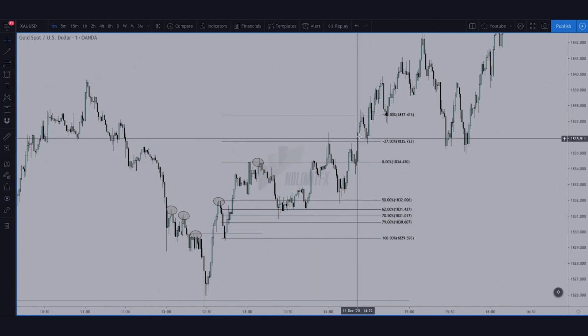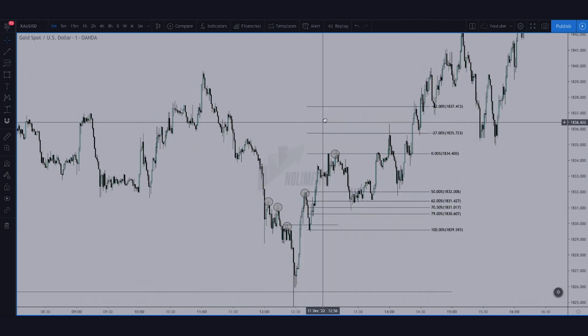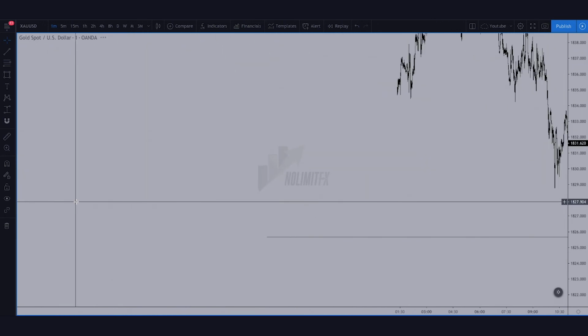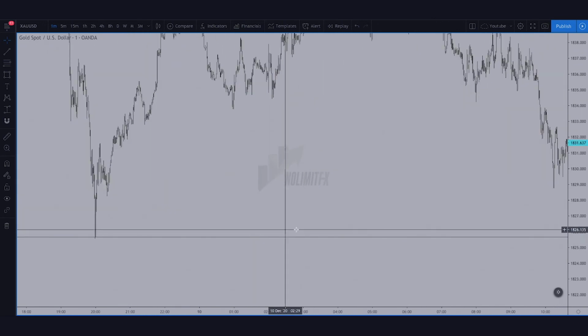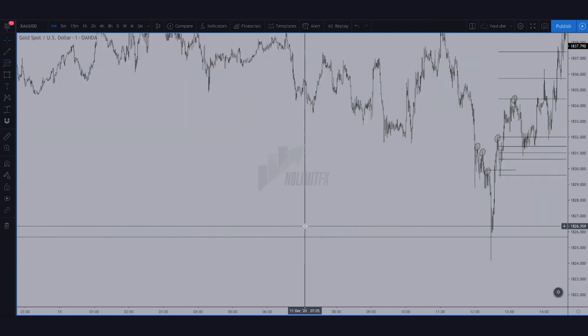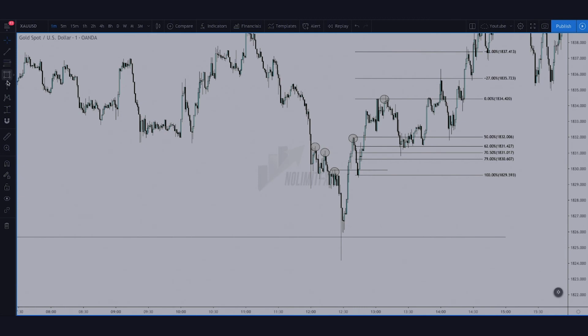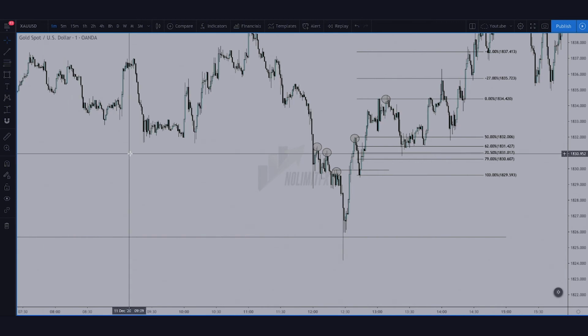And boom, minus 27, minus 26 hit. So we took out the equal lows here at the left, the double bottom. We wait for a break of structure, and you could go as low as you want.